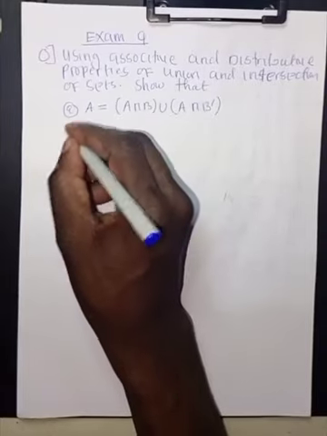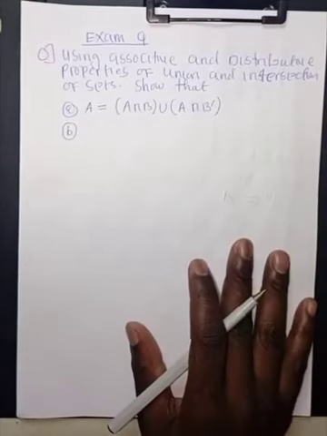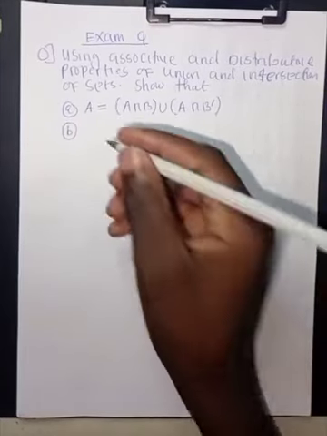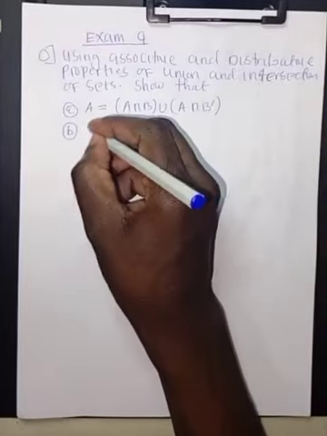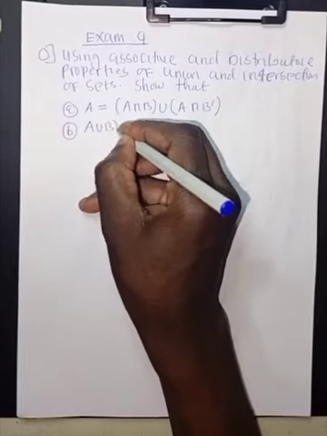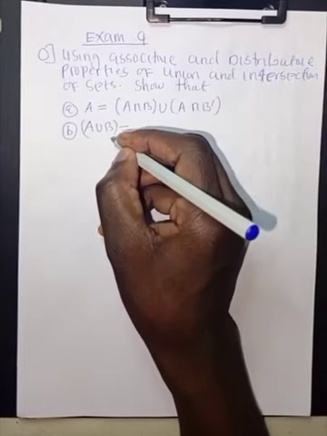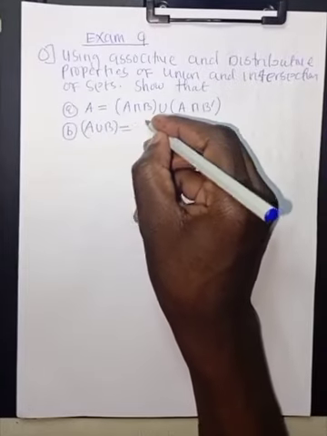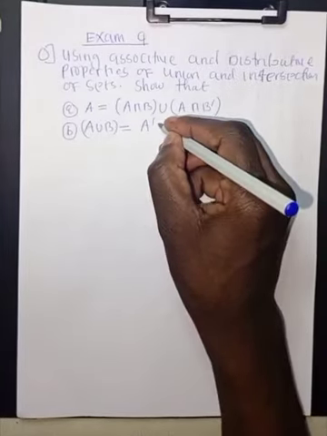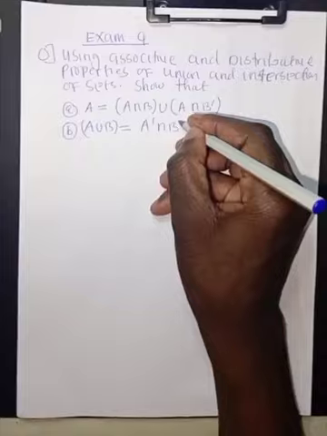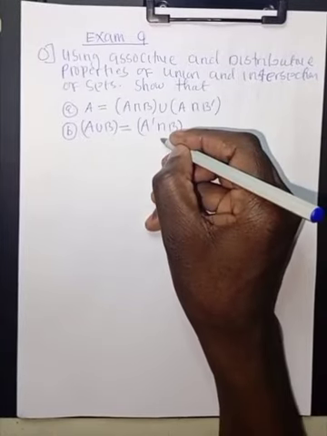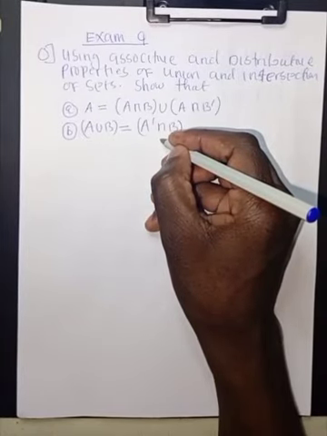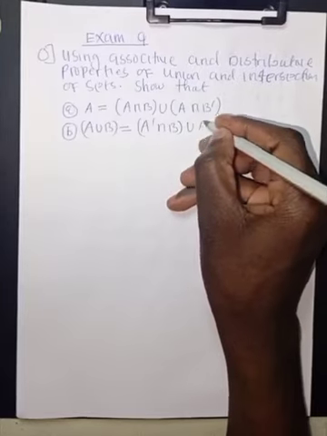Okay, so B is that, again, we need to show that A union B is basically equal to A complement, then intersection B, then union A. Okay.